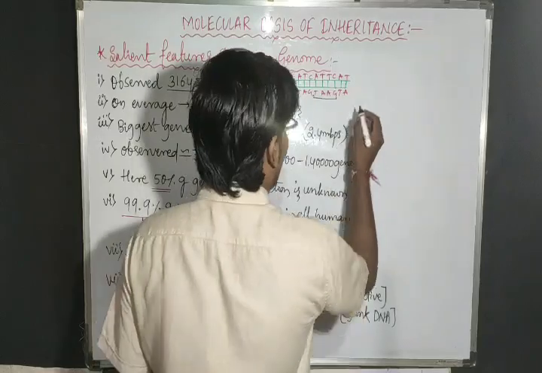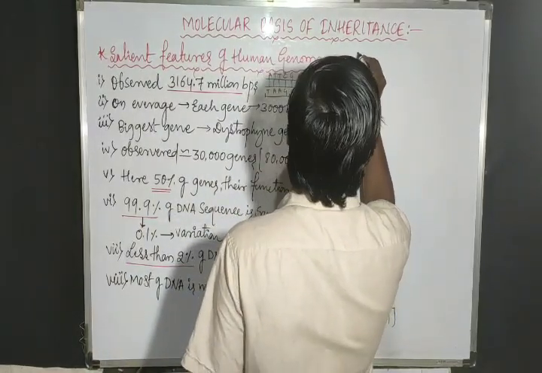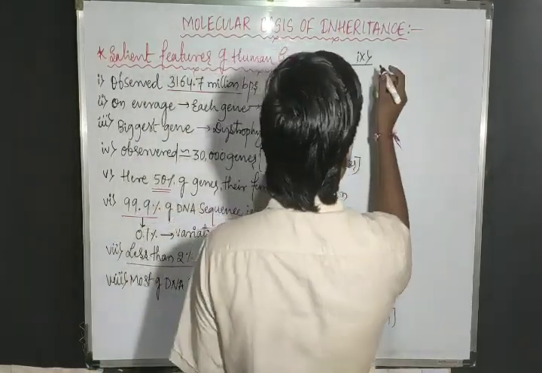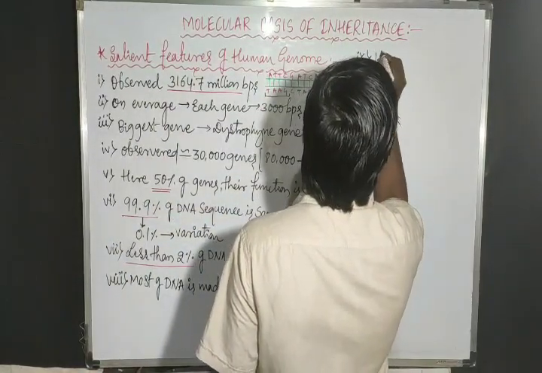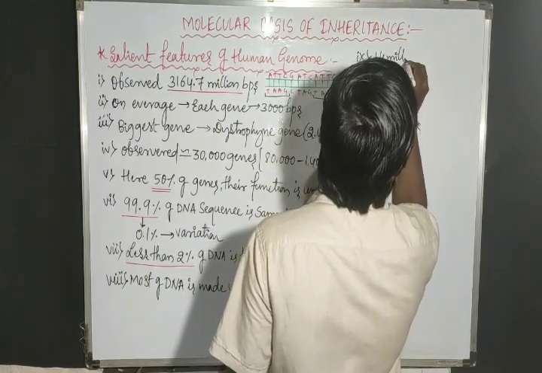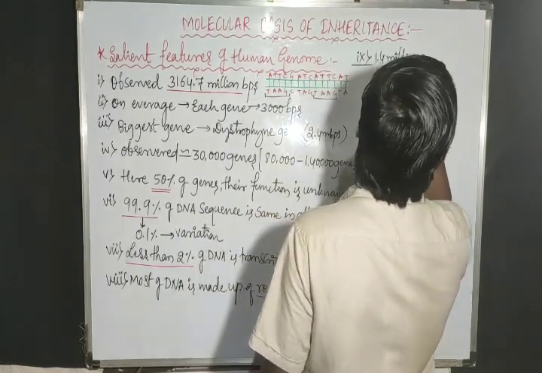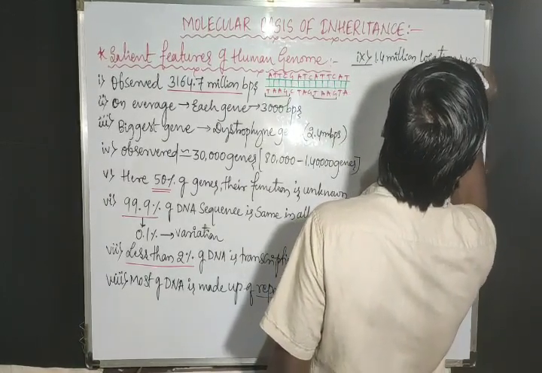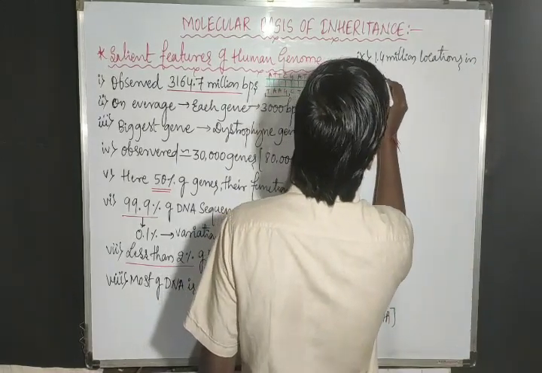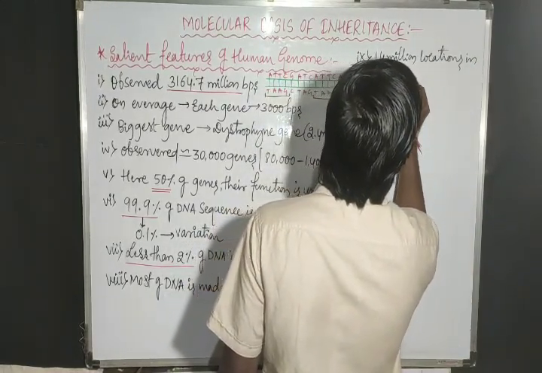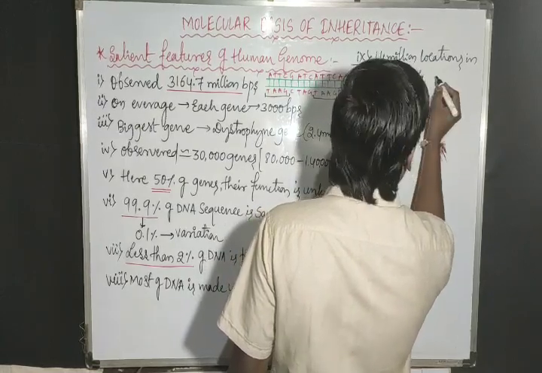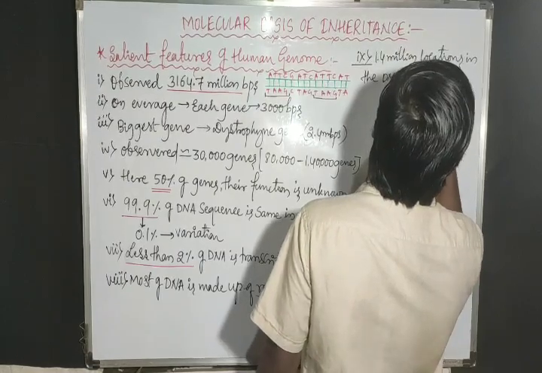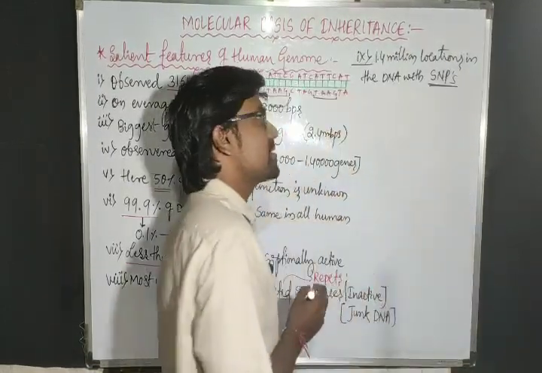And the next interesting point: there are 1.4 million locations in the DNA with SNPs.